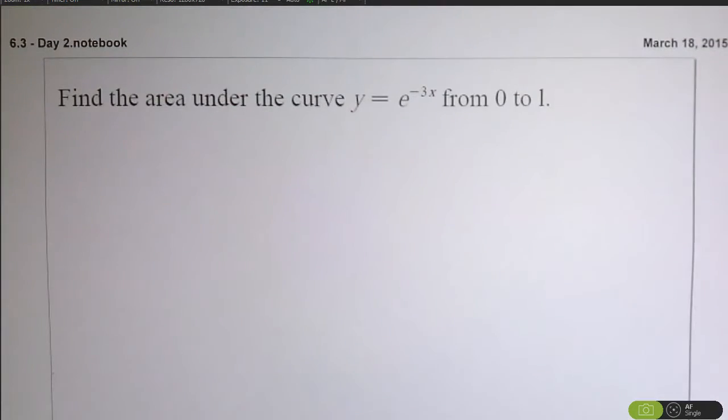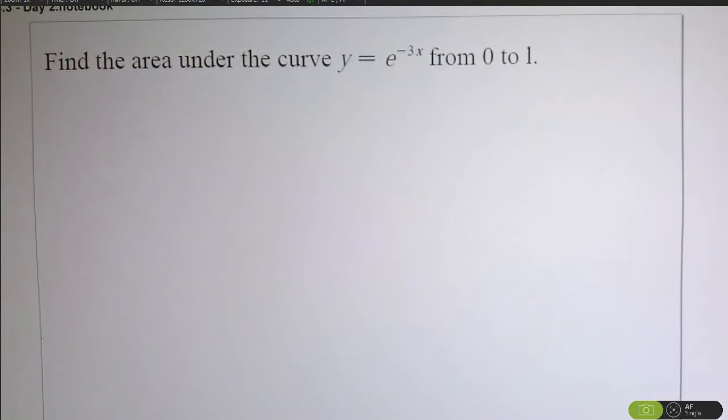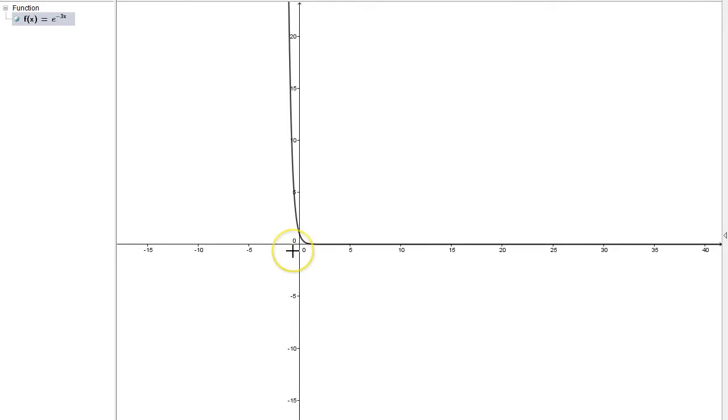The next example, finding area under a curve. So let's take a look at that real quick. The graph is y equals e to the negative 3x. Let me zoom in a bit.